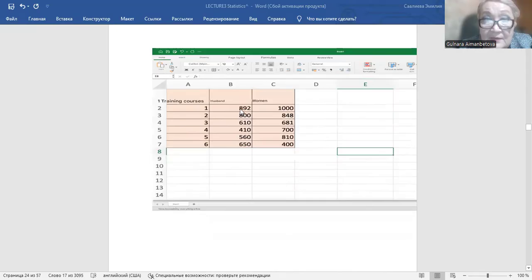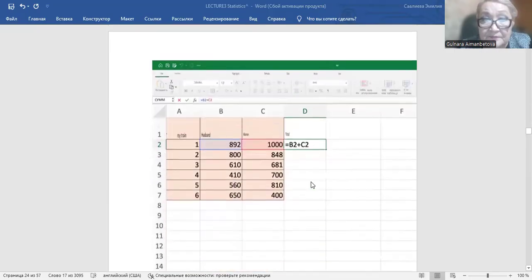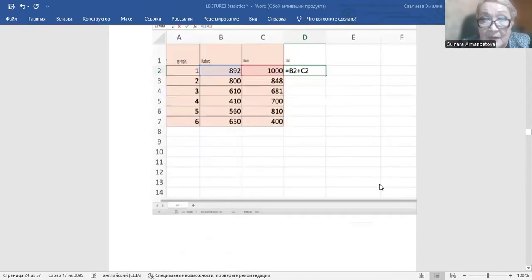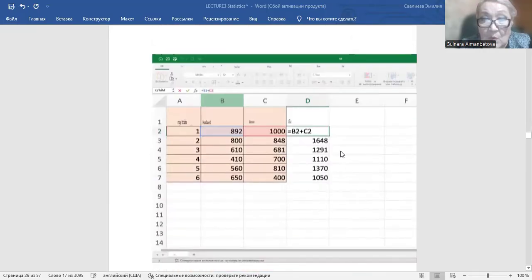You see, this is a table we calculate in Excel. Equal B2 plus C2. And we receive such a result here, 1,648 and so on.